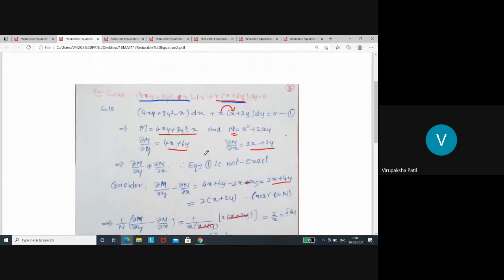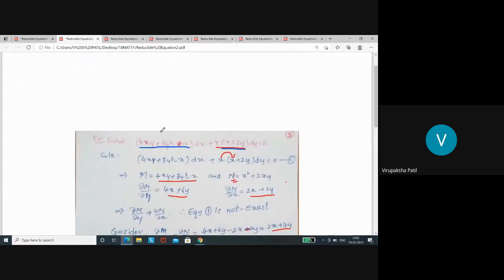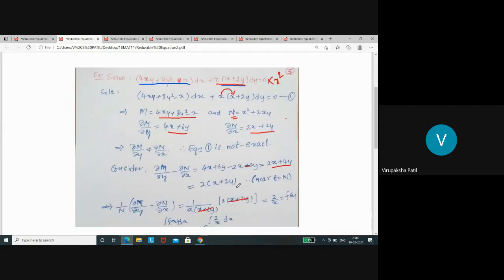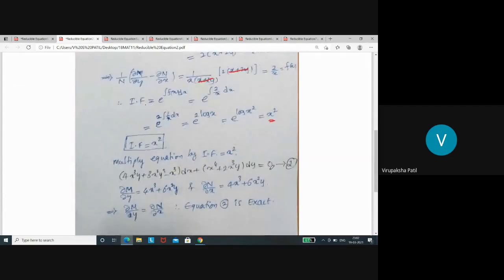We are multiplying the equation completely by the integrating factor x squared, so you will get this new equation. Let us call this equation 2. Now this is your new M, this is your new N. Definitely, if your integrating factor is right, it will be exact.